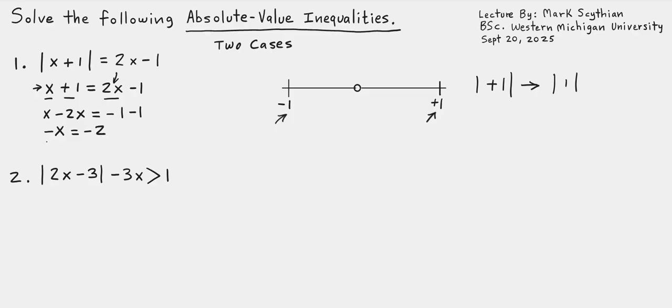So then solve for x. Negative x is also negative 1x, so we can divide both sides by negative 1. So what do we get? We get x is equal to 2.